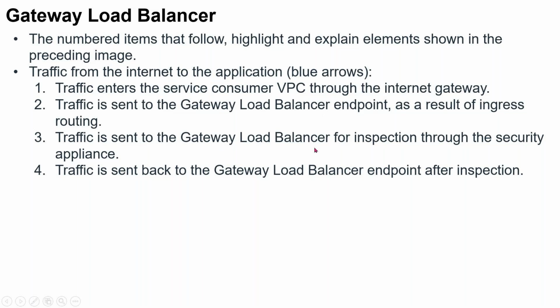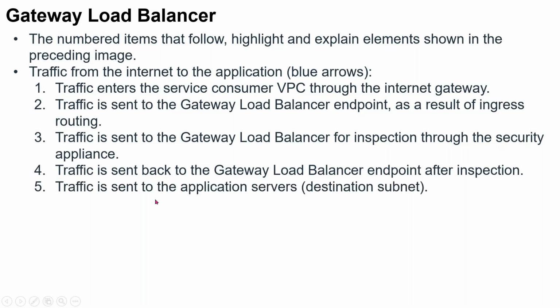Traffic is sent to the gateway load balancer for inspection through the security appliance. Traffic is sent back to the gateway load balancer endpoint after inspection. First the traffic is validated, whether it is authorized or not, secure or not. It is validated and sent back to the gateway load balancer. And now the load balancer is again going to send the traffic to the destination.